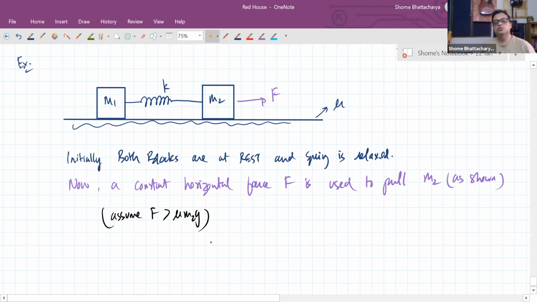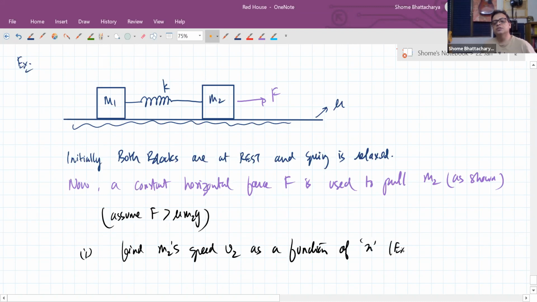So the block starts to move. Okay. So first of all, find M2's speed V2 as a function of X, the extension of the spring, okay, if M1 does not move. Okay, due to friction, M1 does not move.